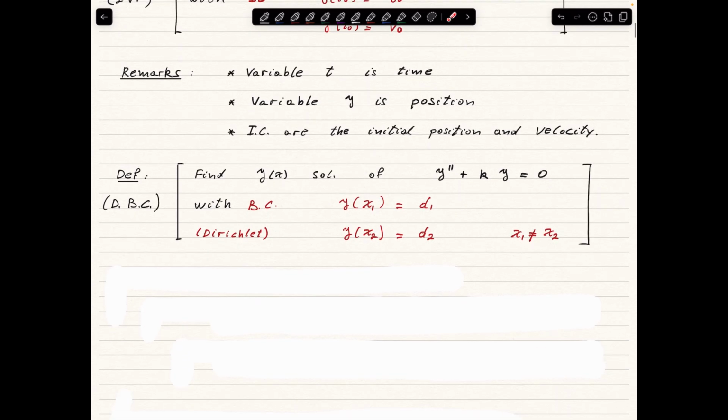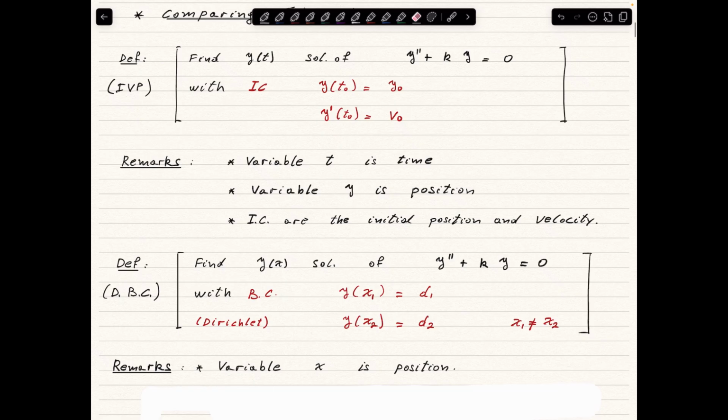In this case, we change the name of the variable from t to x, because although the equation is the same, the meaning of the equation is different. In the initial value problem, usually this equation comes from Newton's equation and the variable is time. This equation here comes from other equations.